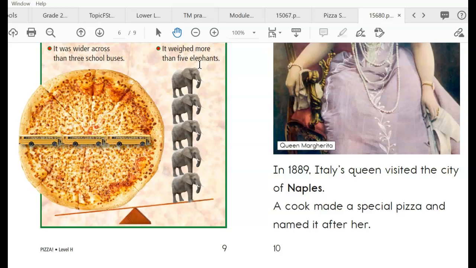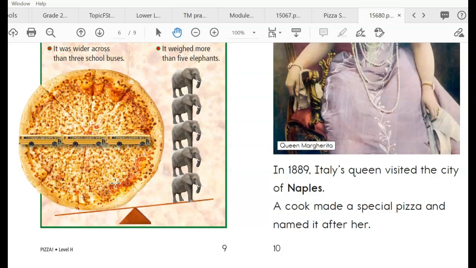Now, I'm thinking that they probably picked these text features on purpose. If I think about why they compared a pizza to an elephant, what are they trying to say about that pizza? Well, I'm thinking they're probably trying to say that it's very big. The same goes for this text feature. They used a school bus to show how big this pizza is.